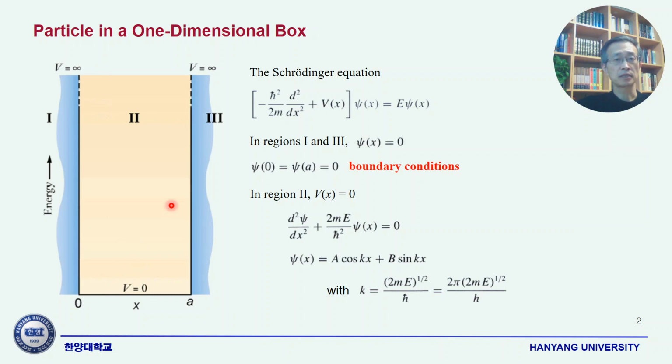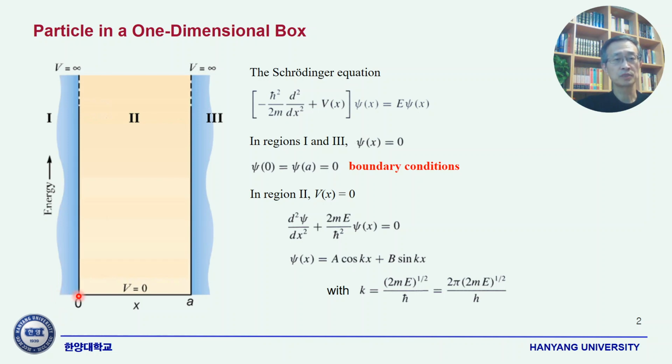As I said, in regions 1 and 3 there is no particle, so the probability amplitude is 0, which means psi of x equals 0. At the boundary, where x equals 0 and x equals a, there must be a particle inside but none outside the box, so the wave function equals 0.